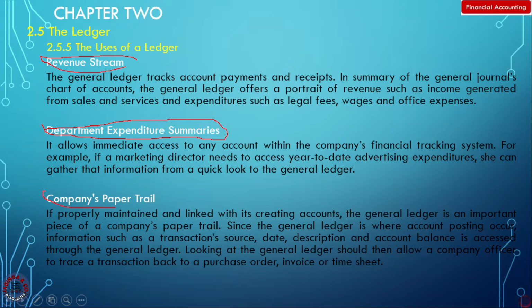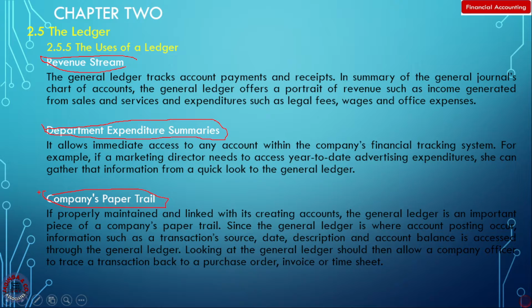So we are also saying that it helps in a company's paper trail. When you talk about paper trail here, we are talking about the details of a particular transaction, the date when it started, such kind of details. You can get them from the general ledger. Because when we are doing accounting, we are saying accounting is a process. It starts from source documents, it goes to journal, then from journal it goes to general ledger.